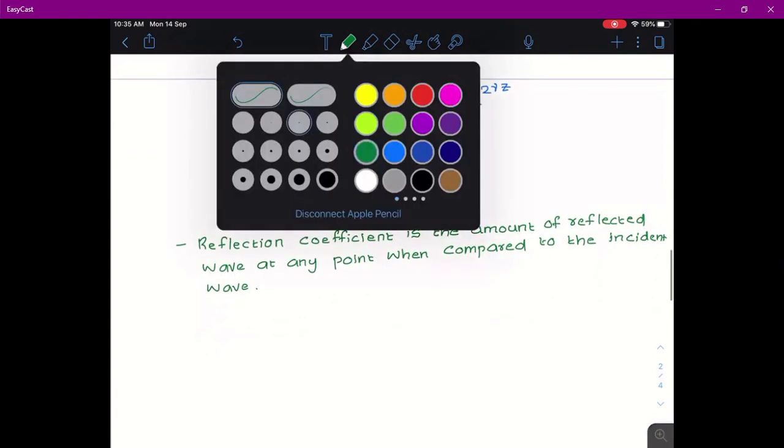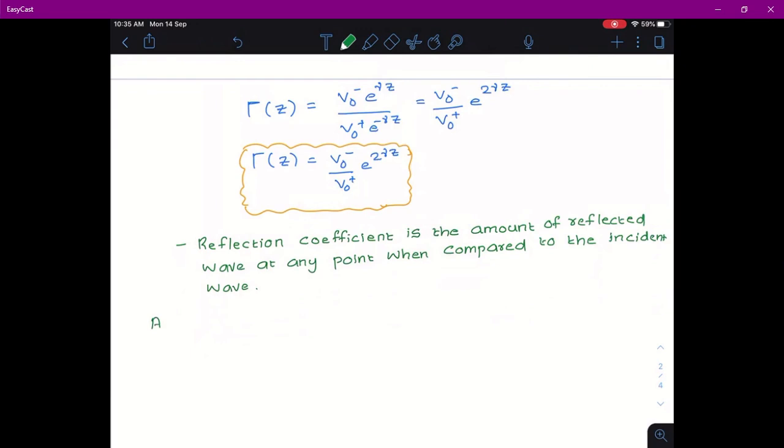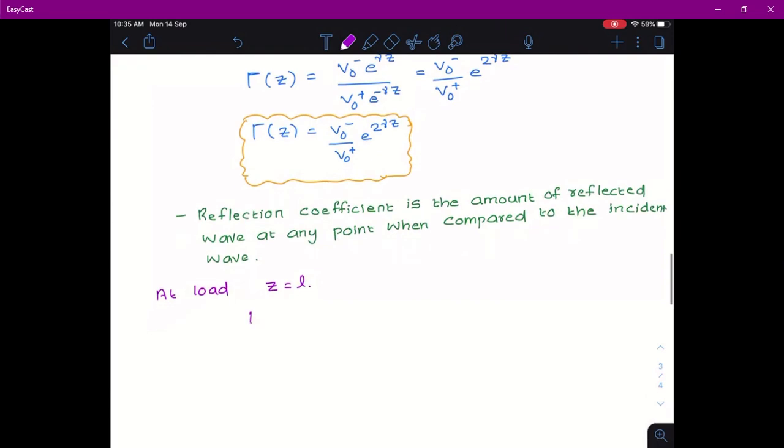So, if you look at the load, your value of Z is equal to L, which means tau at Z equal to L is equal to V0 minus by V0 plus e raised to 2 gamma L.